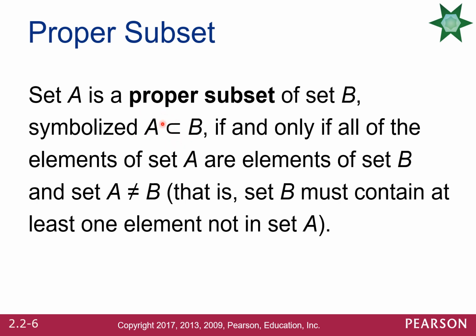So this reads as A is a proper subset of B if and only if all of the elements of set A are elements of set B and set A is not equal to B. That is, set B must contain at least one element not in set A. All right, so that tells us it's a proper subset.